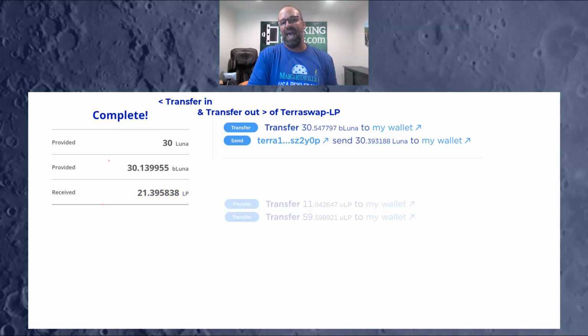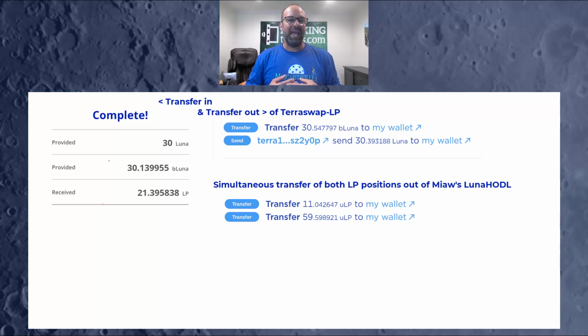But notice when I exit the pool, it says transfer 11.042647 ULP to my wallet. I'm transferring it out of Luna-HODL to my wallet, and I still had to cash it out of Terraswap. But notice that I have 11, but half of 21 is less than 11, because double 11 is 22.